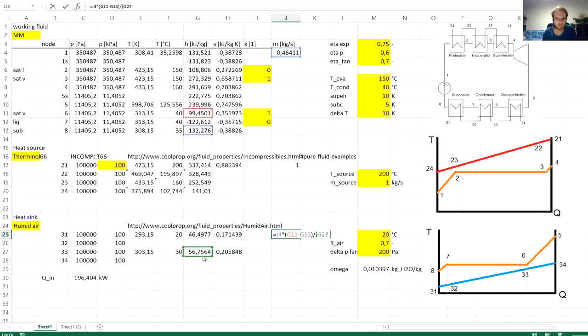Enthalpy difference, so here 33 minus 31. And we get the mass flow rate of the cooling air.